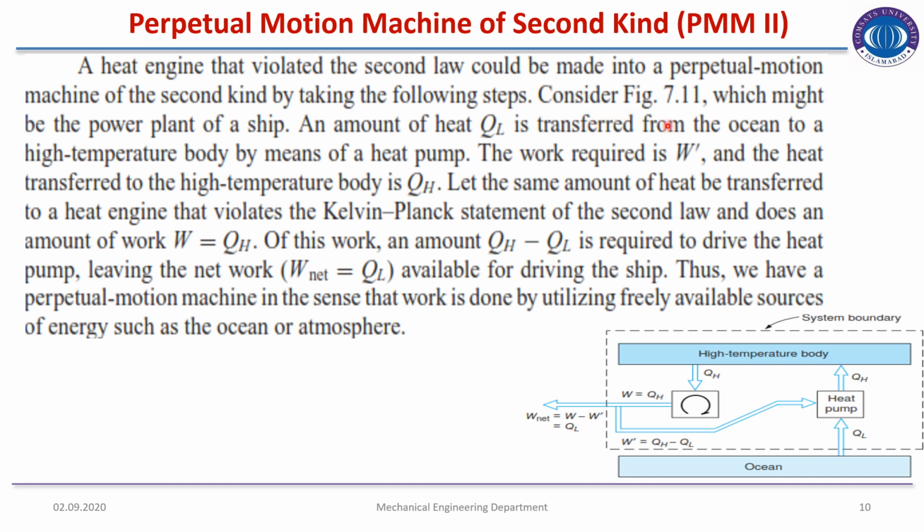Consider figure 7.11. That is the figure 7.11, which might be a power plant of a ship. In the first slide you have already studied that the ocean is also a form of thermal energy reservoir.